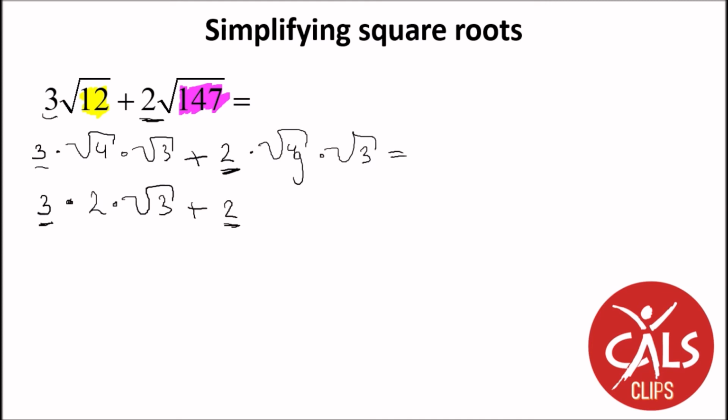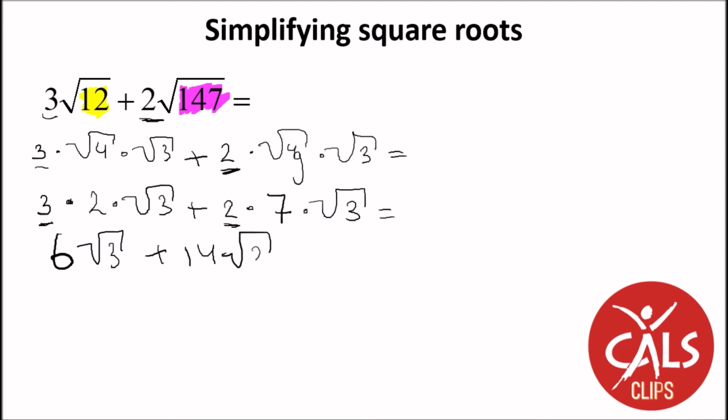The square root of 49 is 7, so it's just 7 times the square root of 3. And 3 times 2 is of course 6, and then we have the square root of 3 plus 14. 2 times 7 is 14, square root of 3.